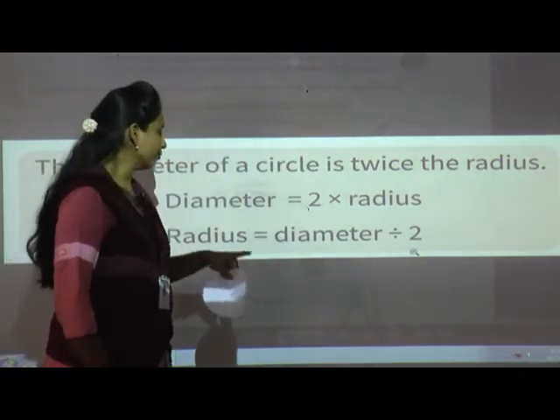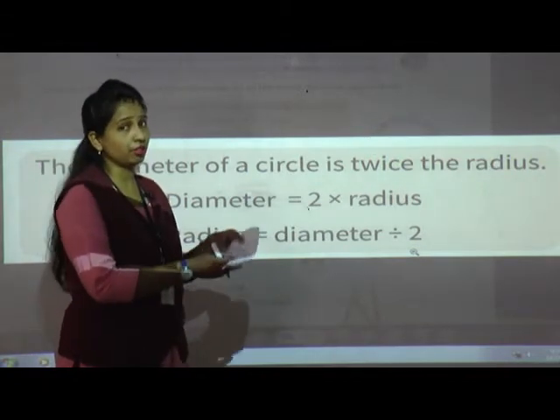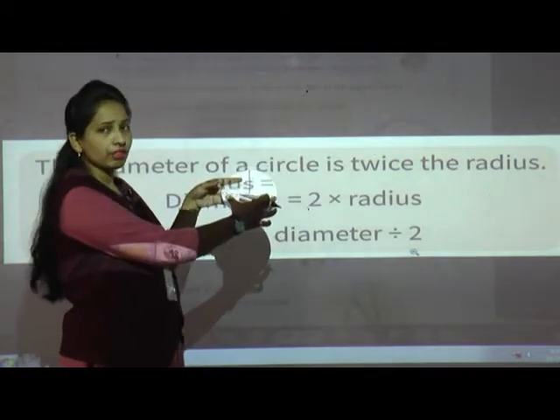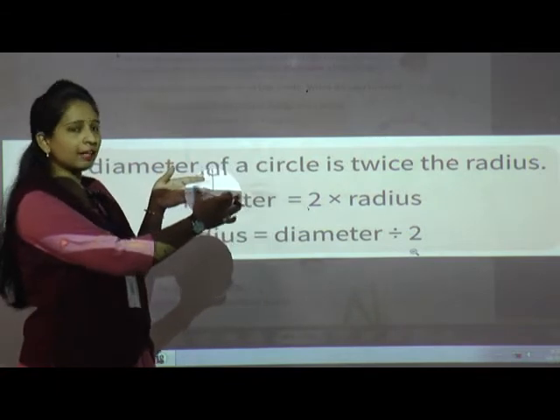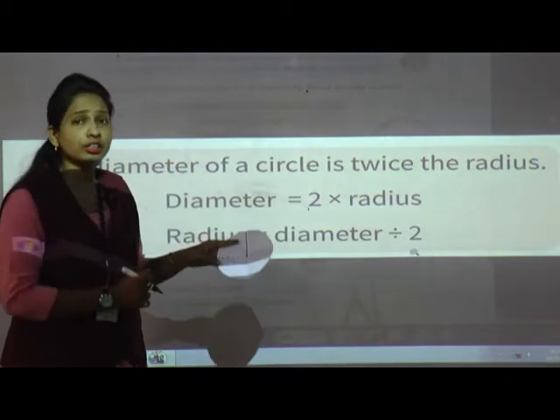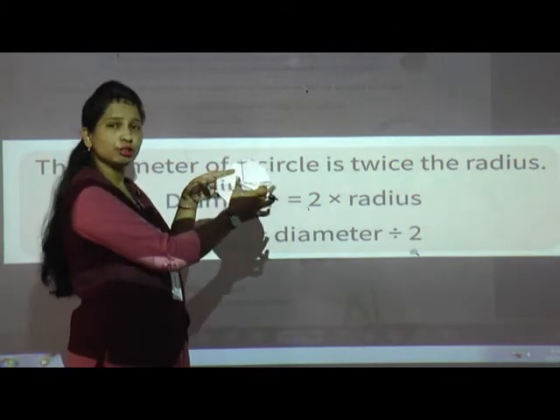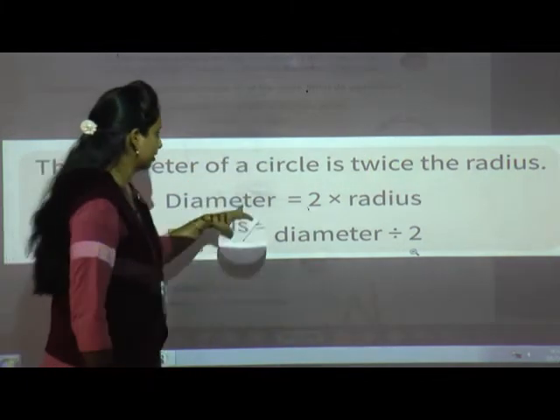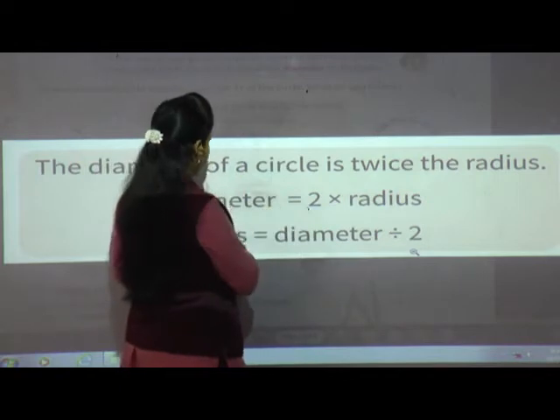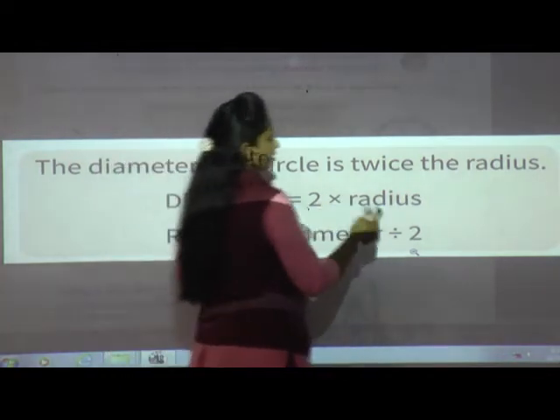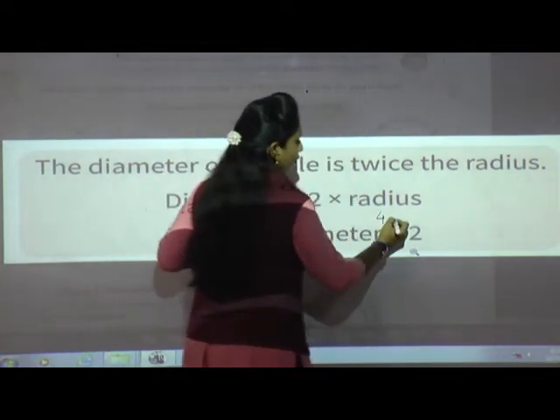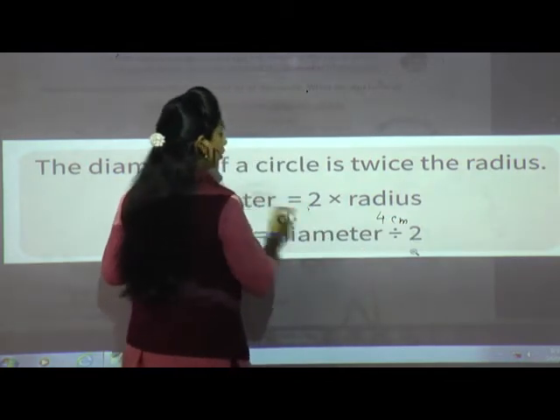And if you want to find the radius, and they have not given the radius but have given the full diameter, and said find the radius, then what will you do? You will divide into 2 parts. For example, if the radius is 4 centimeter, then what is the diameter?